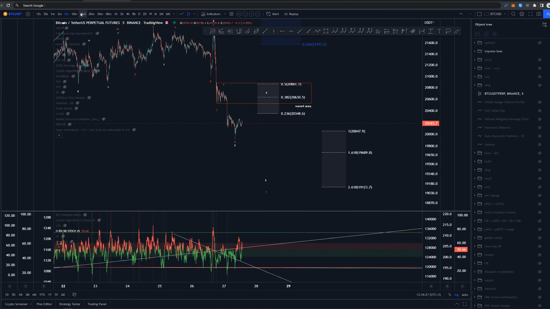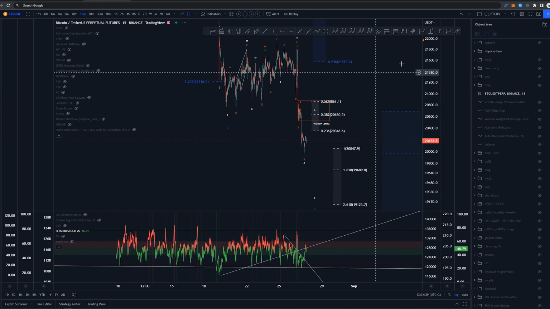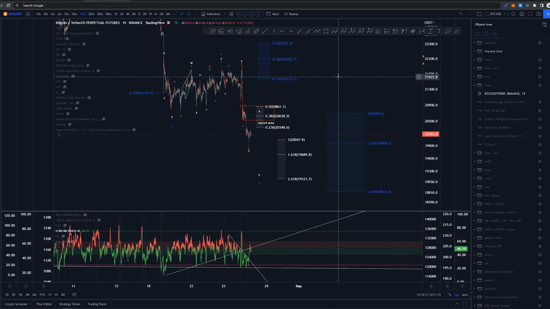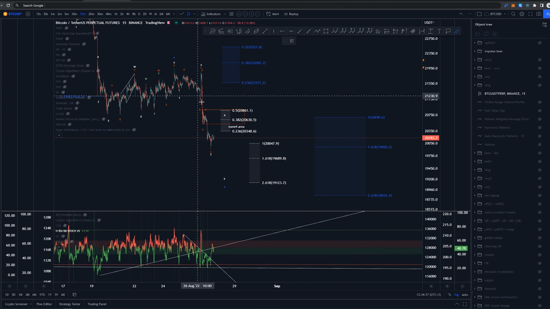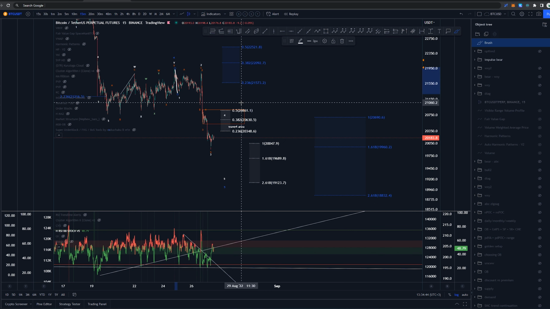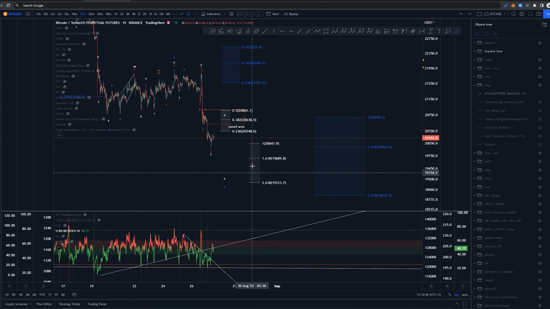Now, if we want to be projecting targets a bit further out and looking for the correct possible completion of this whole move, I would be looking at these targets down here. If we are again saying that, okay, sure, wave 3 is definitely extended here, we can be comparing this wave 1 for the possible wave 5 here.